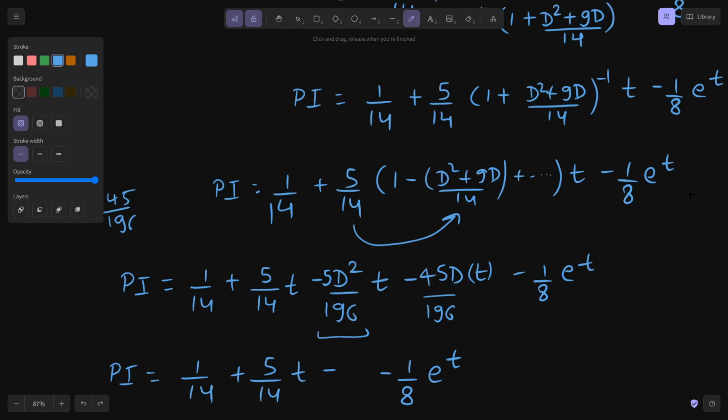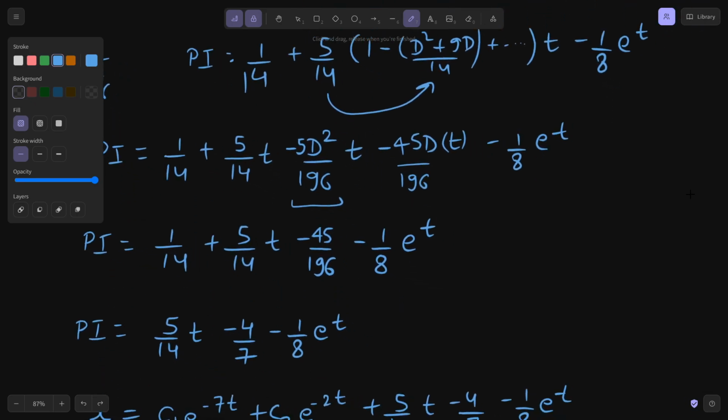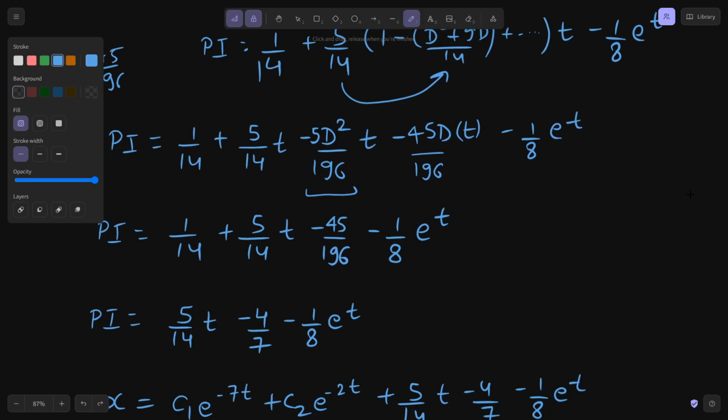45 by 196 is to be written here. Fine. So when it comes to the constant term, I will have this 2. So this will be nothing but 1 by 14 minus 45 by 196.